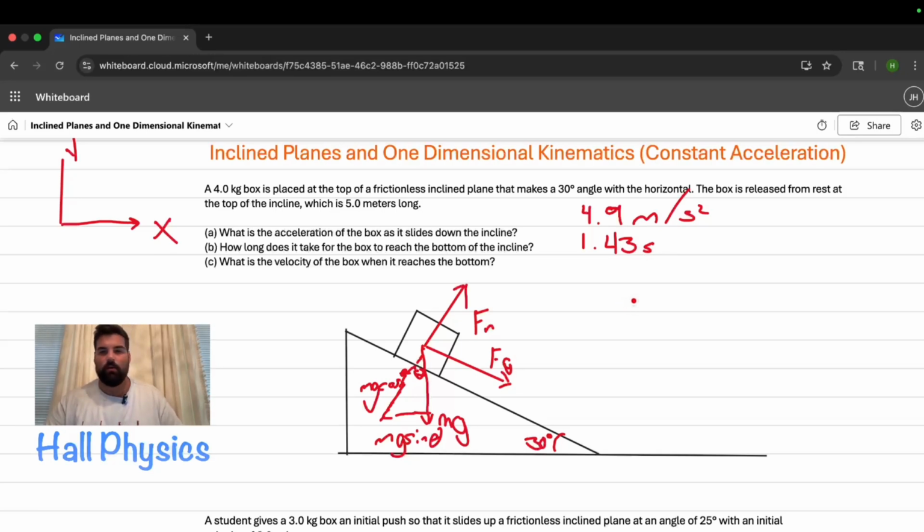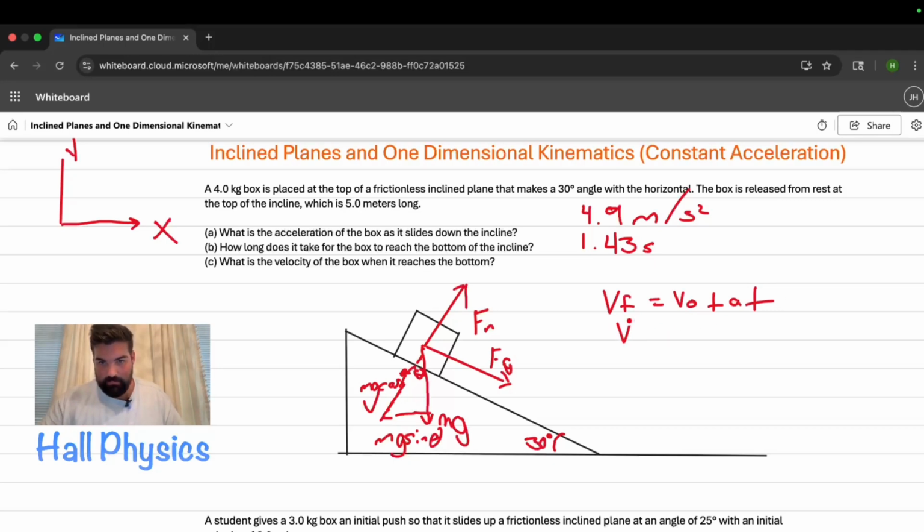So this equation I want to use is going to be V final, our final velocity, equals our initial velocity plus our acceleration times time. Pretty simple formula.